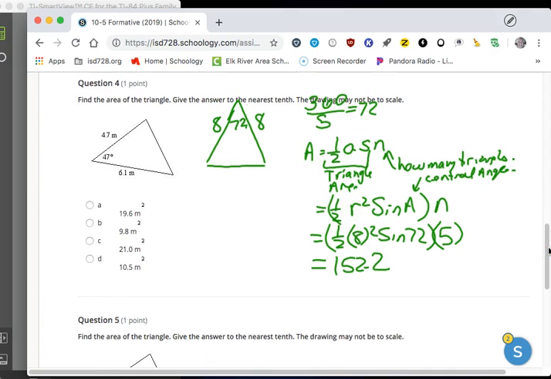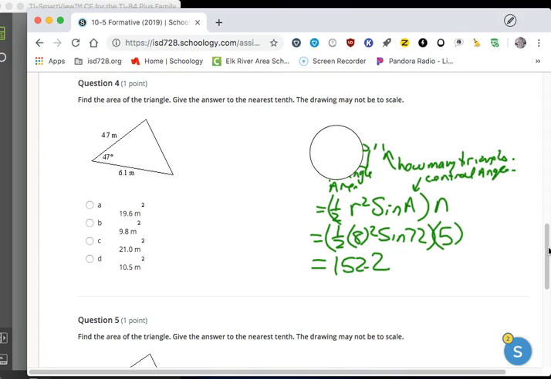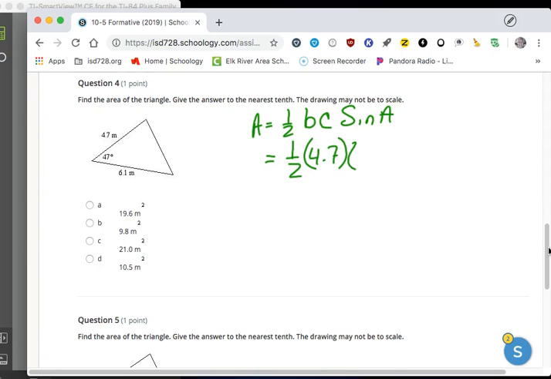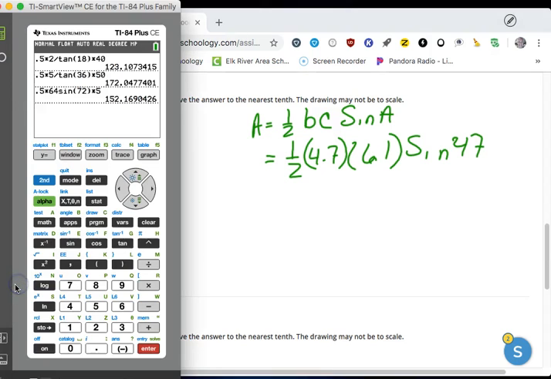Hey, we just get to use that 1/2 BC formula. So I've got area equals 1/2 BC. Remember, I just pulled this as radiuses, B and C, but now sine of A, the angle that B and C make. And I have 4.7 times 6.1 sine of 47, and I pop this in my calculator.